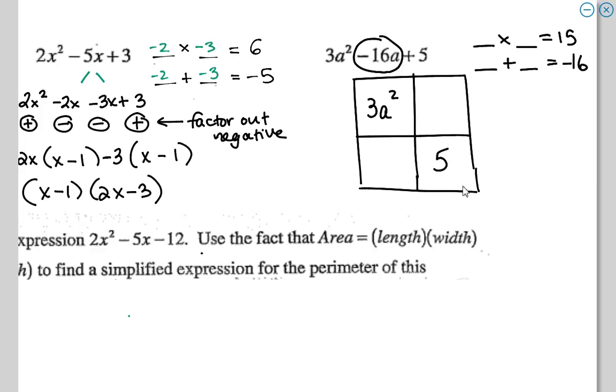I'll pause the video while you brainstorm on those two numbers. Okay, so the special numbers are negative 15 and negative 1. So I'll change the 16a negative to negative 15a and negative 1a.